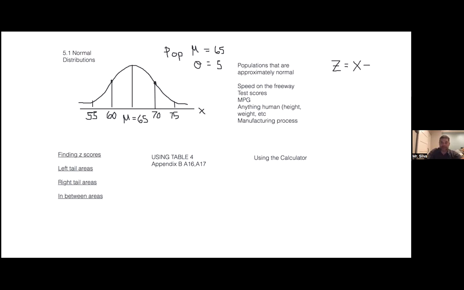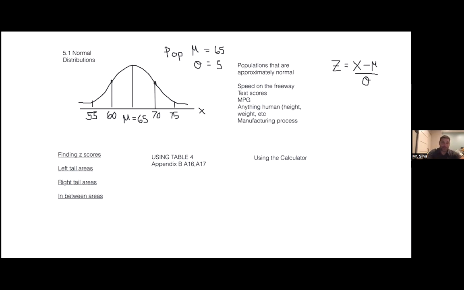So x is a single value, mu is given, standard deviation is given. So we're going to subtract these two numbers and then divide. What that does, it places where our speed is at on the freeway. For example, if I drive 65 miles per hour on the freeway, I want to know what percentile is that.